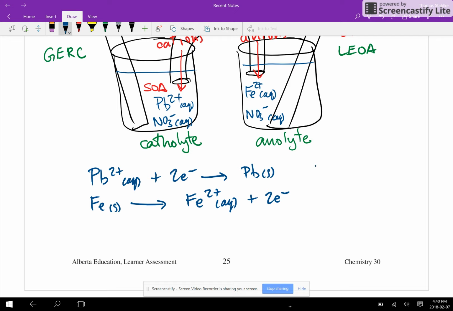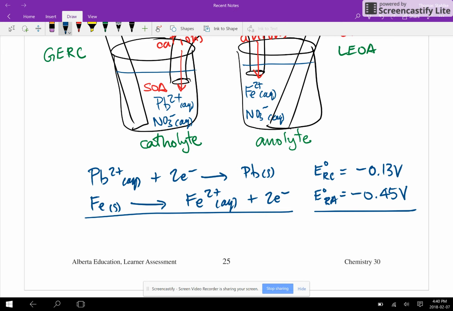I'm also going to write down the reduction potential at the cathode. So the standardized value that we see for the lead, as I mentioned before, is the negative 0.13 volts. And the standardized value for reduction at the anode is the negative 0.45 volts.